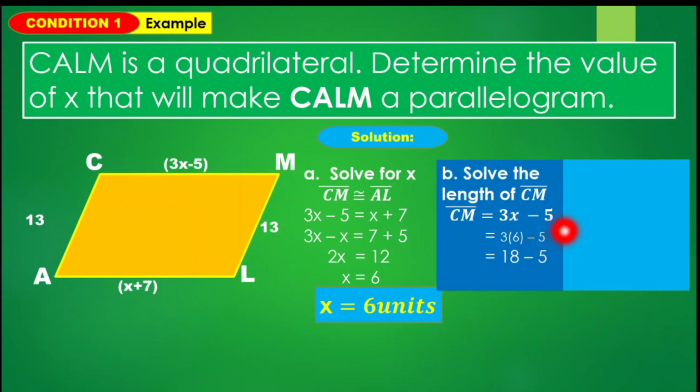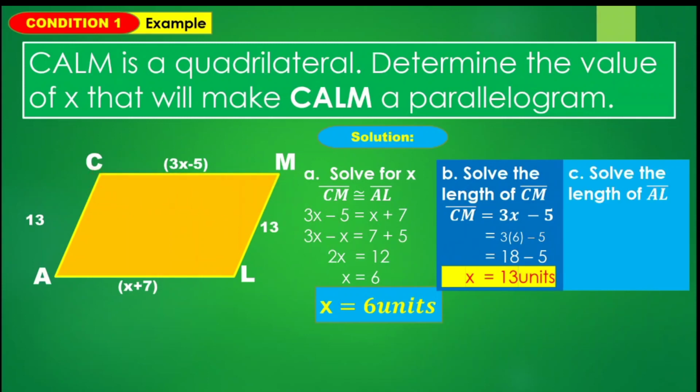So as we substitute 6, that becomes 3 times 6 minus 5. So 18 minus 5 is equivalent to 13 units. And that is our segment CM. So it's not x. That is segment CM or side CM here.